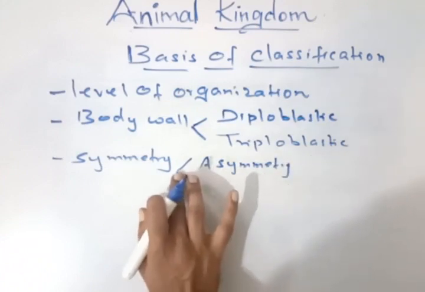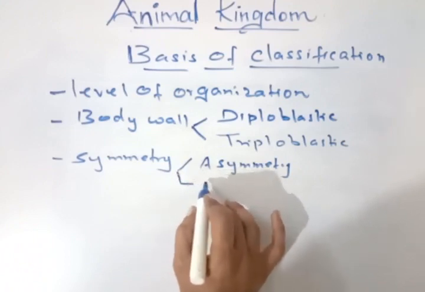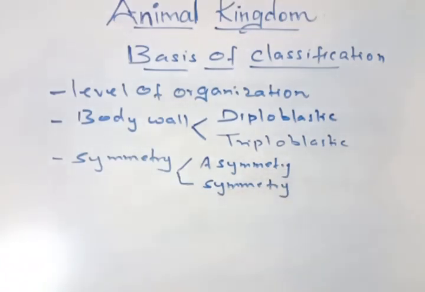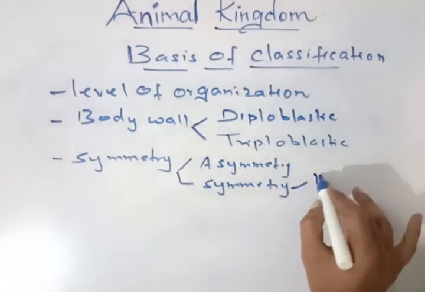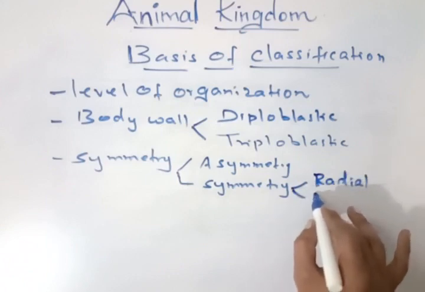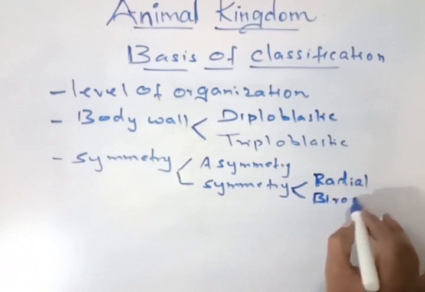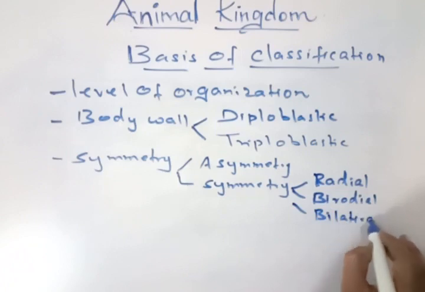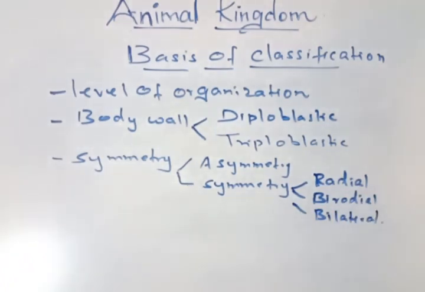If you cut the body into two, it gives some kind of shape. Those having symmetry have three types: radial symmetry, biradial symmetry, and bilateral symmetry. All these come under symmetry.